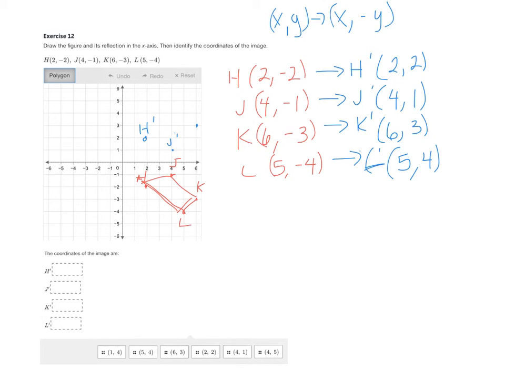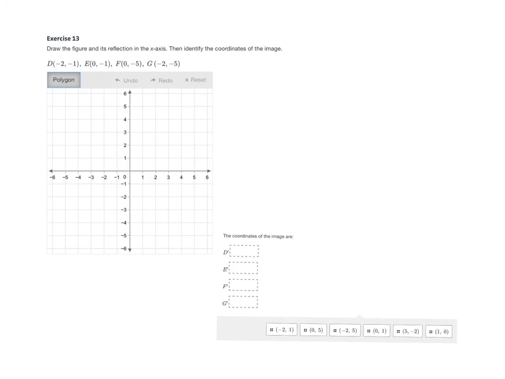And 6, +3 is K prime. And then L prime is 5, 4. L prime. And so if we connect these dots, there is our trapezoid after it's reflected over the x-axis.